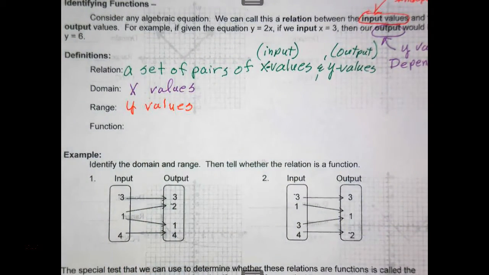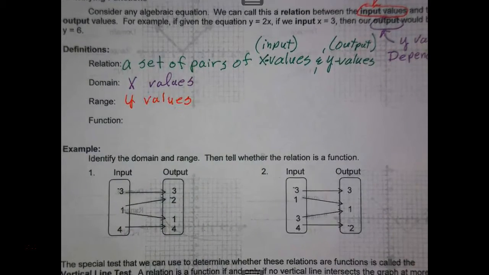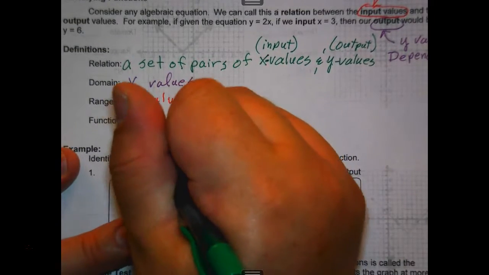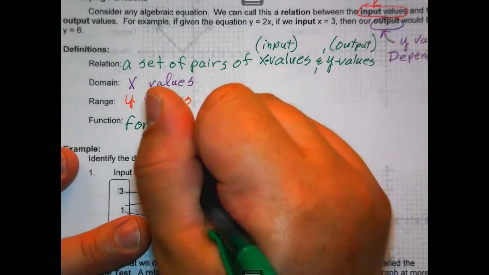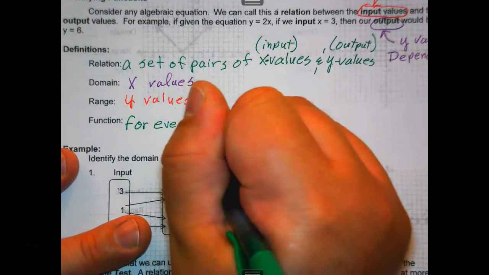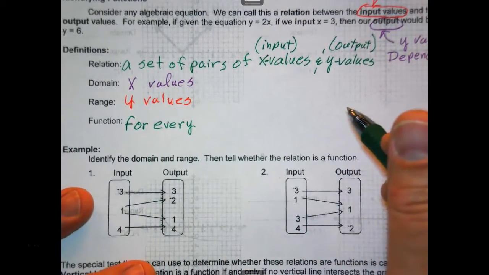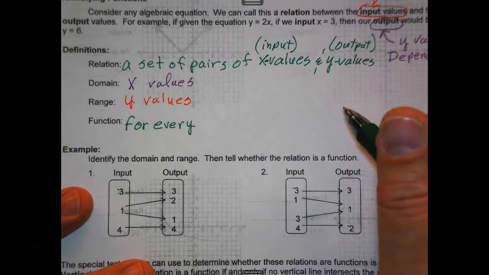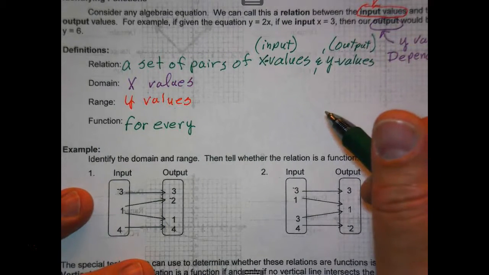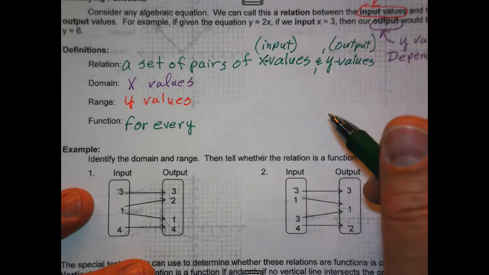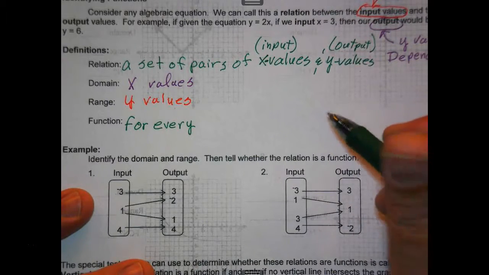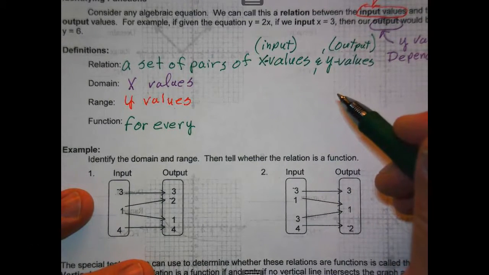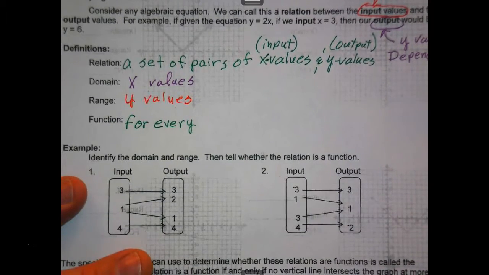Does anybody know the definition of a function? For every input. This is really important, okay? I would say 3/4 of Algebra 2 year, you're dealing with functions and the transitions of functions.